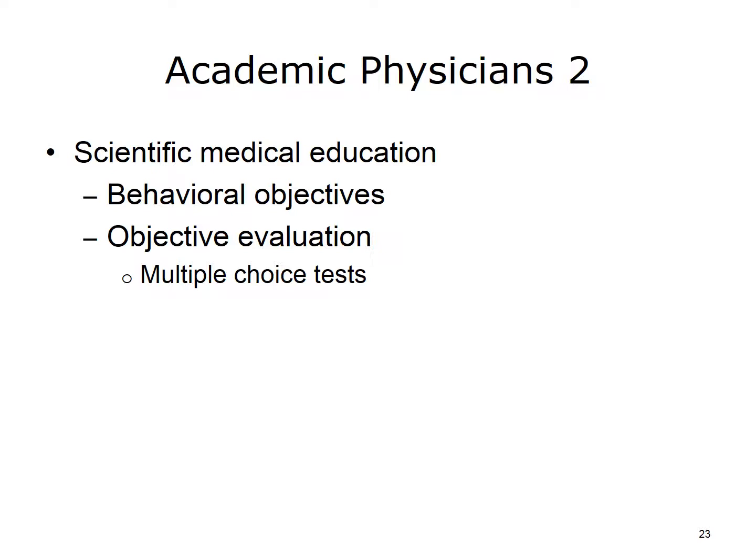We saw the focus in teaching in medical schools shift to behavioral objectives, which provided detailed specifications on what students were expected to learn. Evaluations shifted to objective evaluations, mainly using multiple-choice tests.